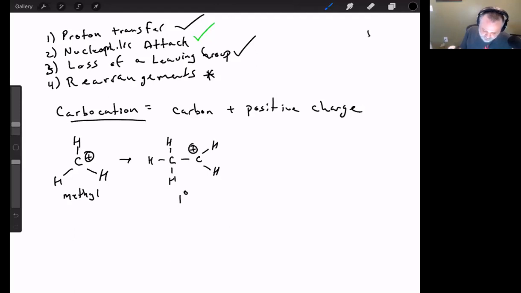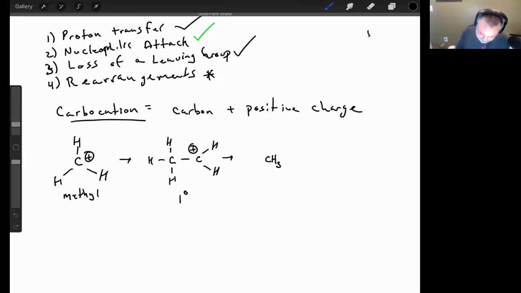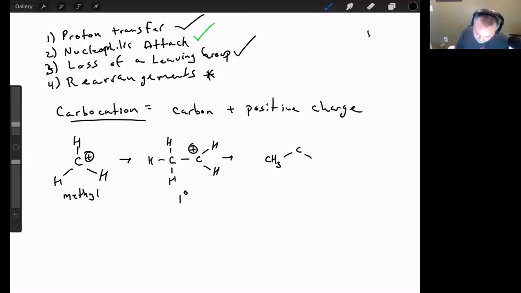This one would be primary, and it's primary because the carbon that is a cation is connected to only one other carbon. So that means that, as well as primary carbocations, we could have a carbocation that's connected to two other carbons.